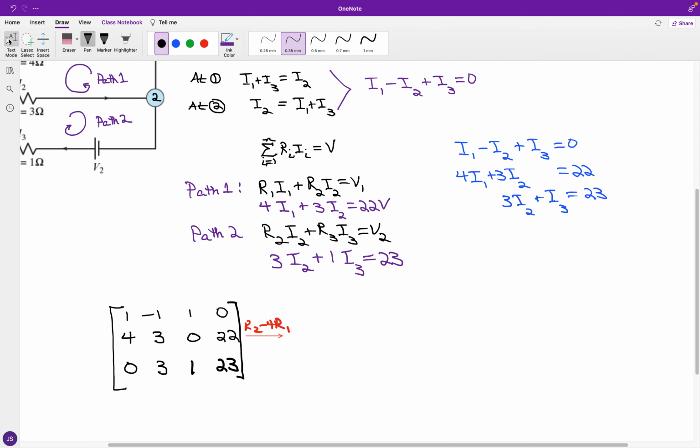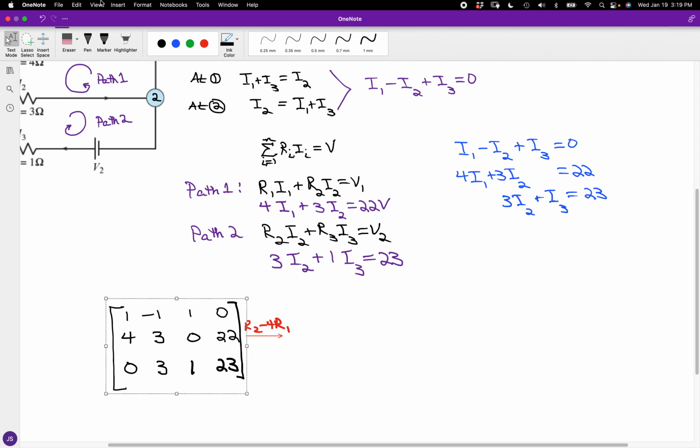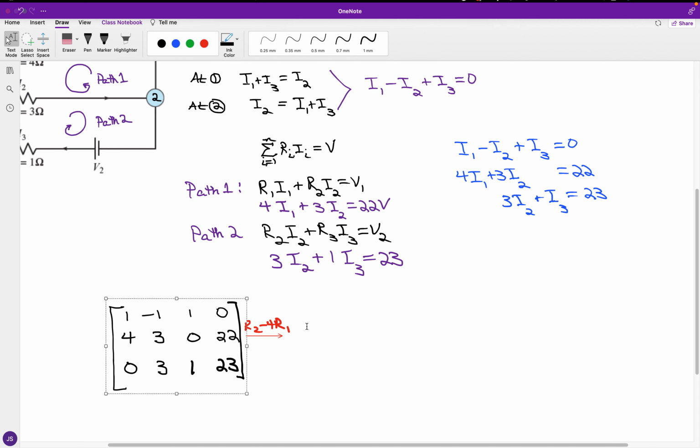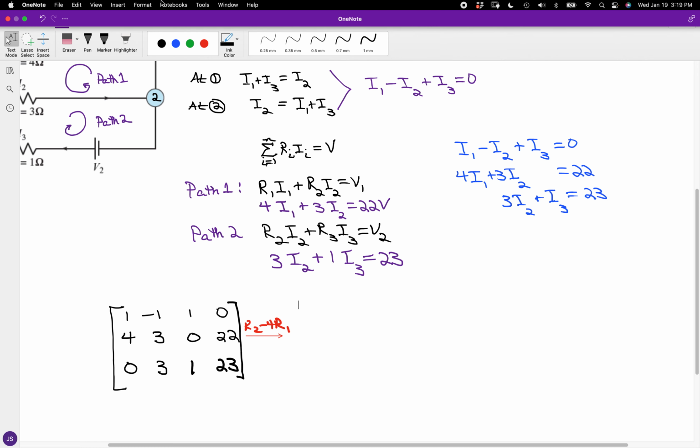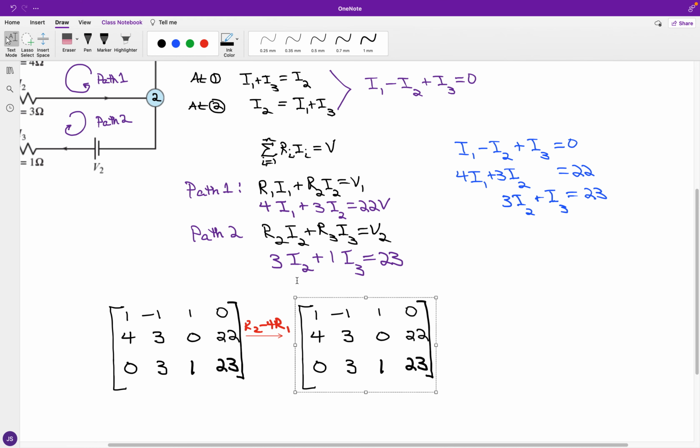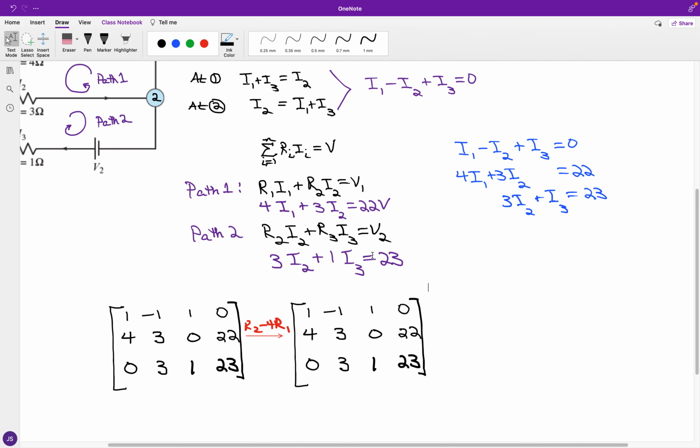Okay, so the first and last rows remain untouched. So got 4 minus 4 is 0, 3 plus 4 is 7, 0 minus 4 is negative 4, I still have 22.